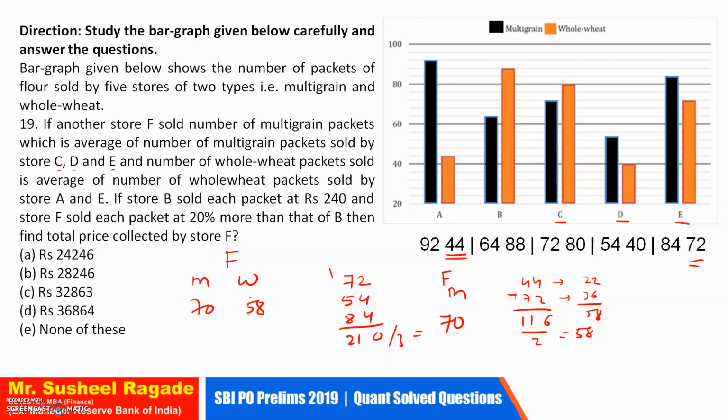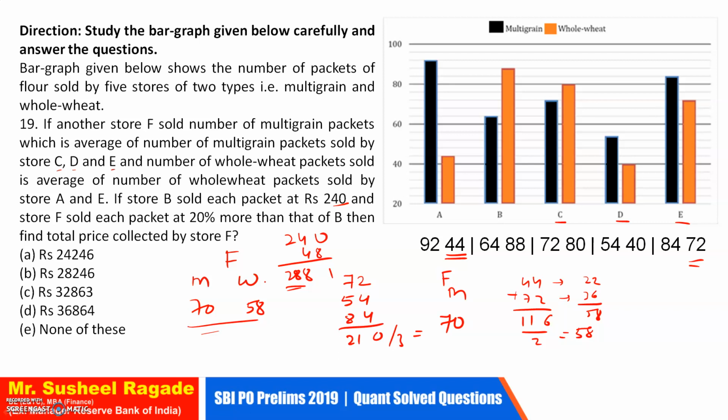Now what we have to find: if store B sold each packet at 240, and store F sold each packet 20% more, 20% of this is 48, so 288, more than that of B. Then find the total price collected by store F. Now we have to multiply these two numbers.